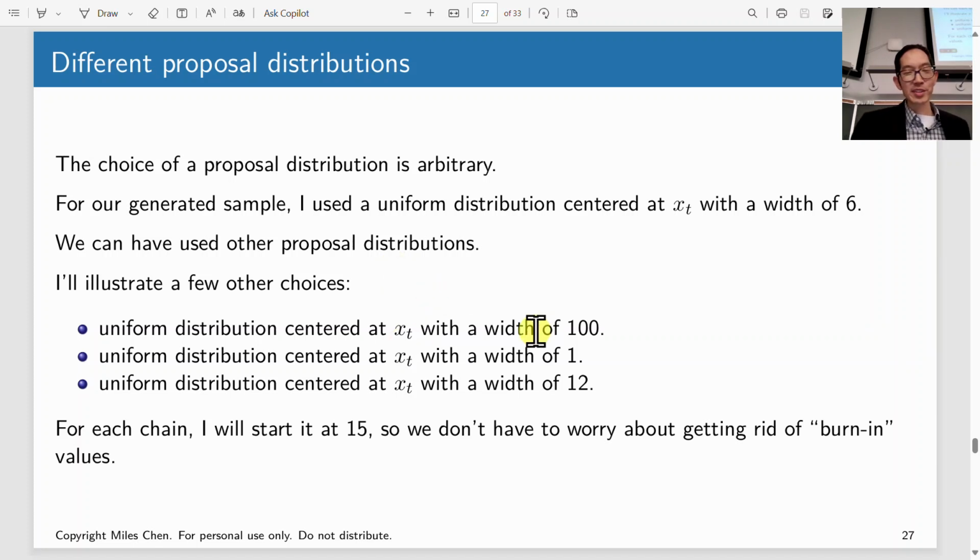So this proposes a uniform distribution, and it's got a width of 100. So it's going to go plus or minus 50. So if I'm currently at, let's say I start in the target location at 15, but I might propose values as low as negative 35 and as high as 65.